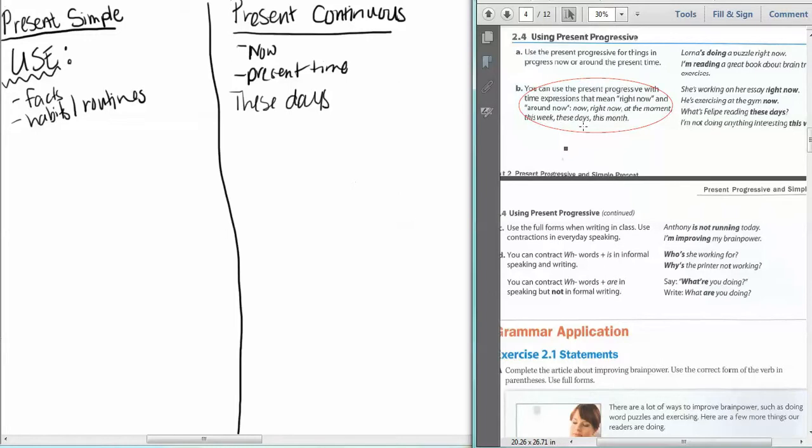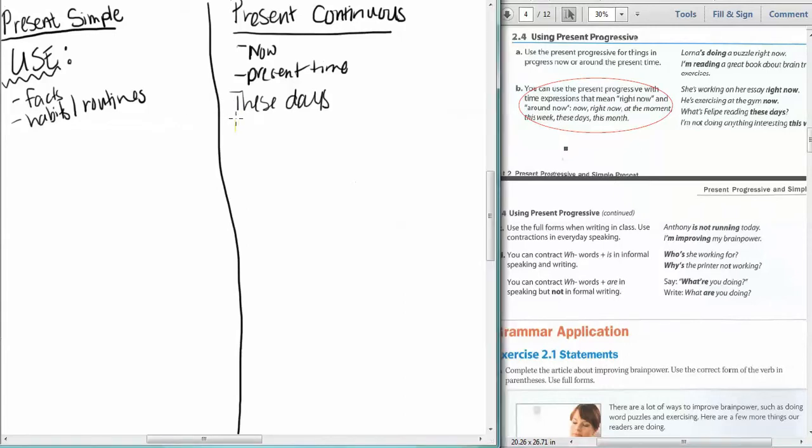So you could say words like right now, at the moment, this week, these days, this month. All of these words tell you that it's in the present time, not necessarily today, not necessarily this week. It could be this year. But it is happening in this present time, right now and in the future.